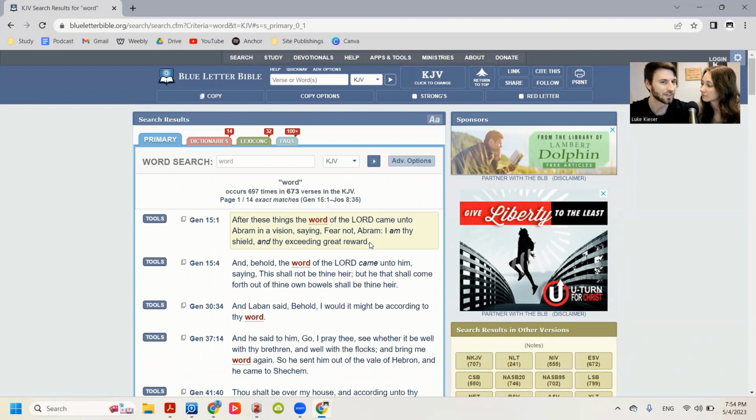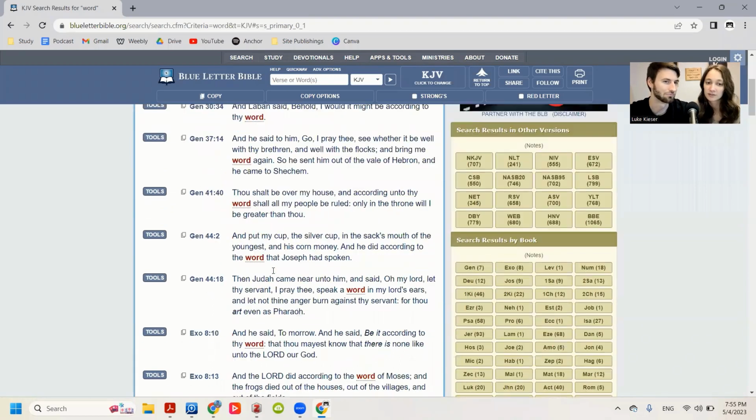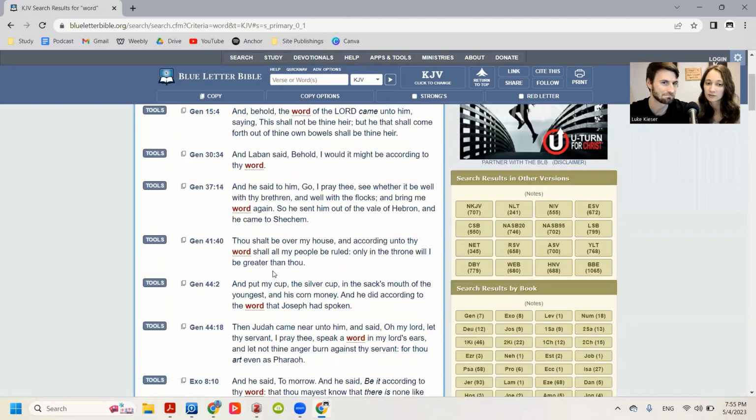So I don't feel like that's the most helpful, because English translates the Greek differently, and there's different Greek words that this is translating. Okay. So it might be word in all of these, but there might be a couple different Greek words that it's using. So it's not all the same thing. Yeah. So I wouldn't focus too much on this tab.